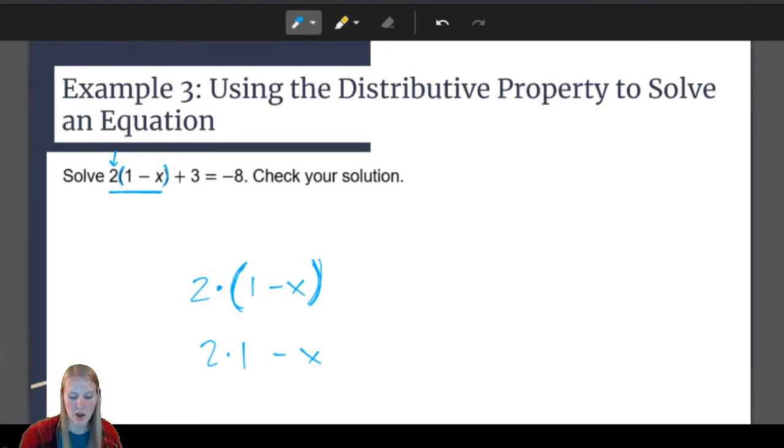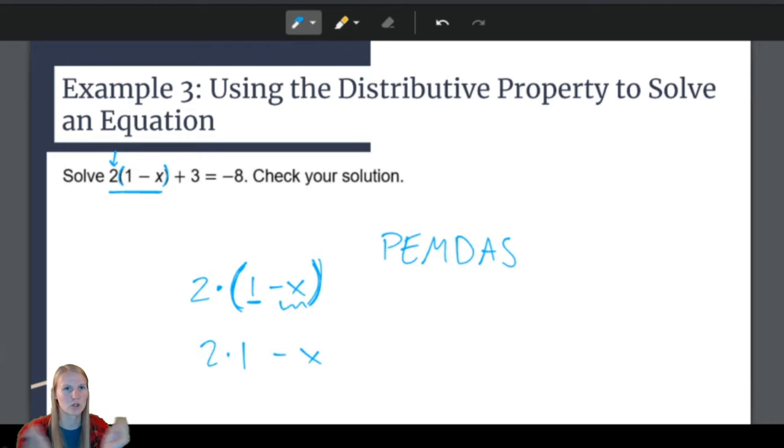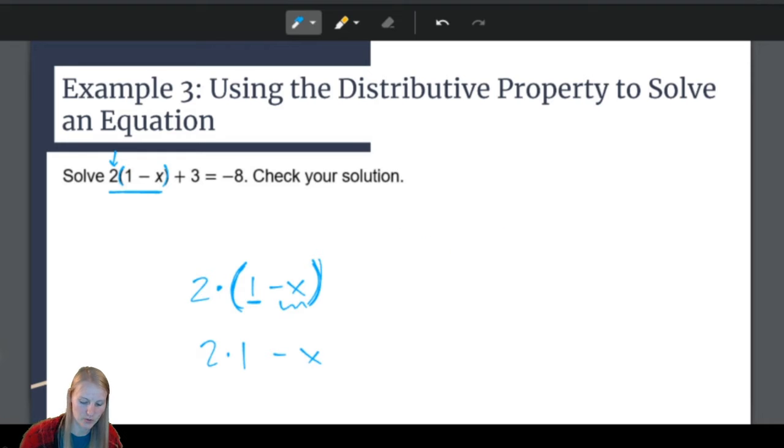Now normally, PEMDAS would tell us to do what's inside the parentheses first. Let's just do 1 minus x. But wait a minute. This is an orange. This is an apple. We cannot put apples and oranges together. So we're not going to be able to do what PEMDAS said. Instead, we're going to distribute.